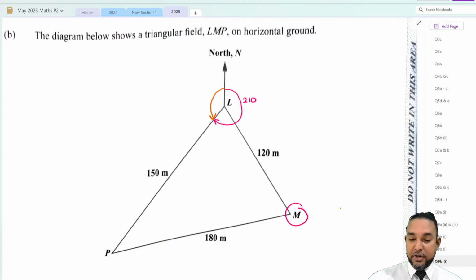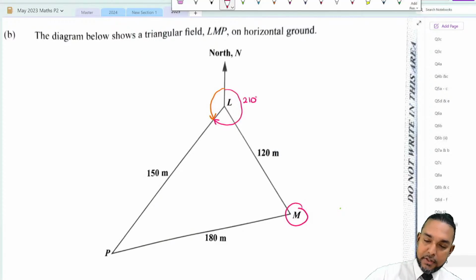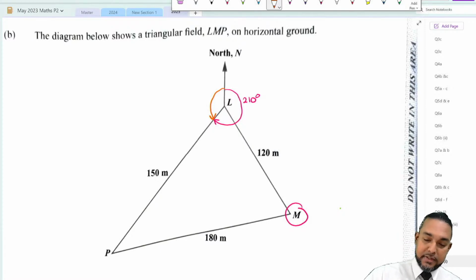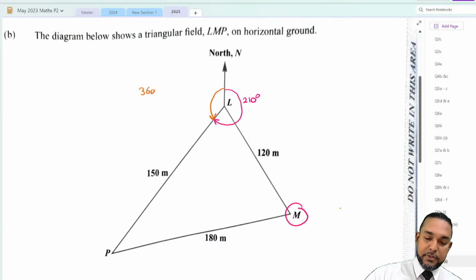The total number of degrees in a full circle is 360 degrees. So if we have 210 on the right-hand side, the orange portion on the left-hand side would be simply the difference between 360 degrees and 210, and that's equal to 150 degrees. So that's this angle here.